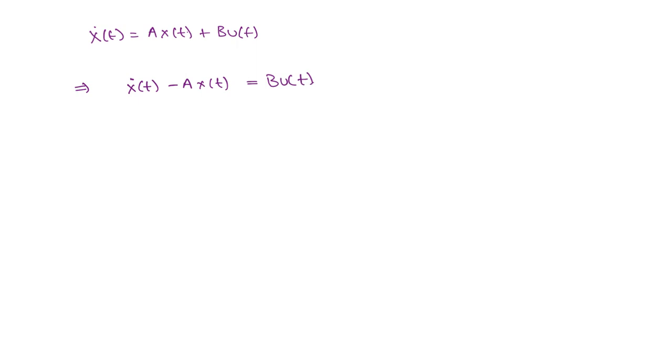Now multiply both sides with e to the power minus At. What is A here? A is the system matrix, right? In the equation you have x dot of t is Ax of t plus Bu of t, so the same A you are using here.